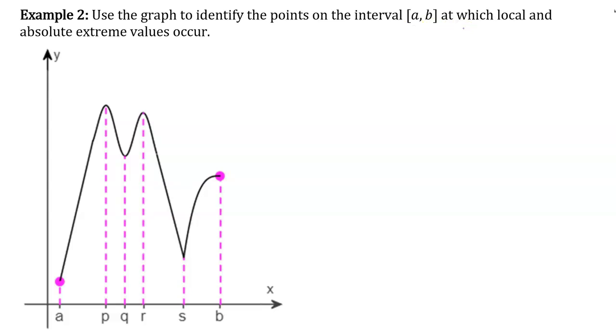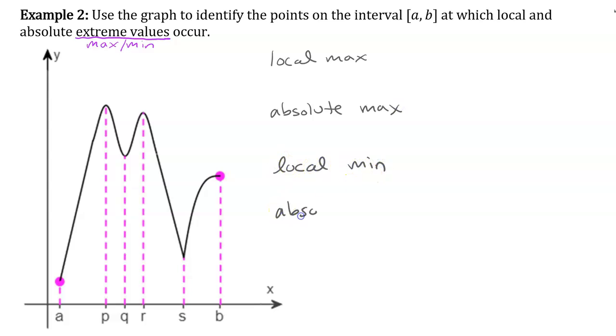When they're talking about extreme values, they're talking maxes and mins. So we're going to want to know about the local max, the absolute max, the local min, and the absolute min. And all of these will be x equals.